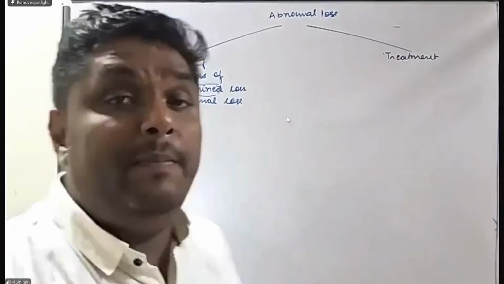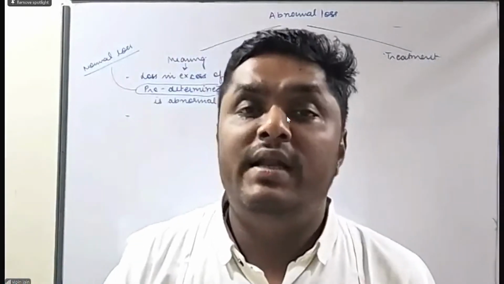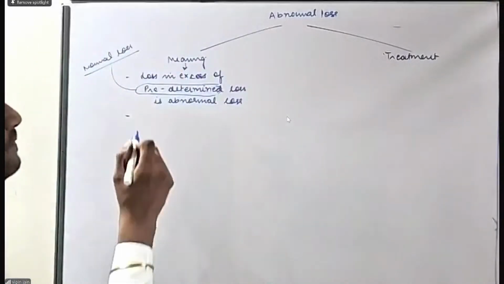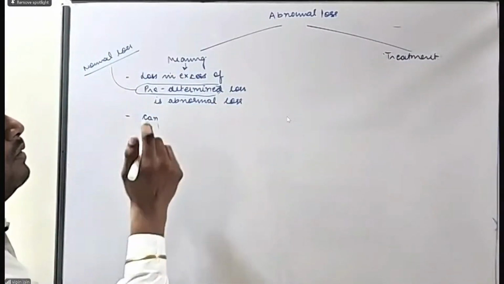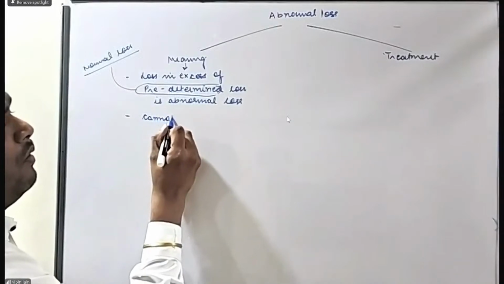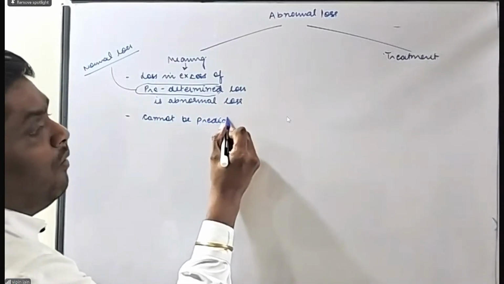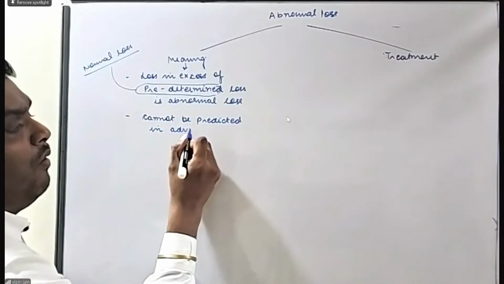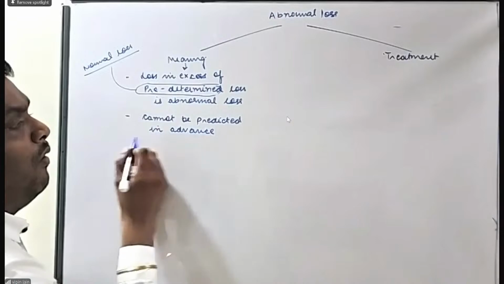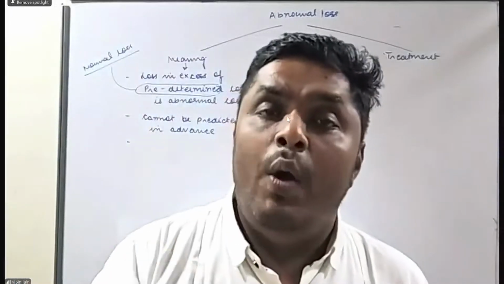It cannot be predicted in advance. Abnormal loss cannot be predicted in advance. Why does abnormal loss occur?